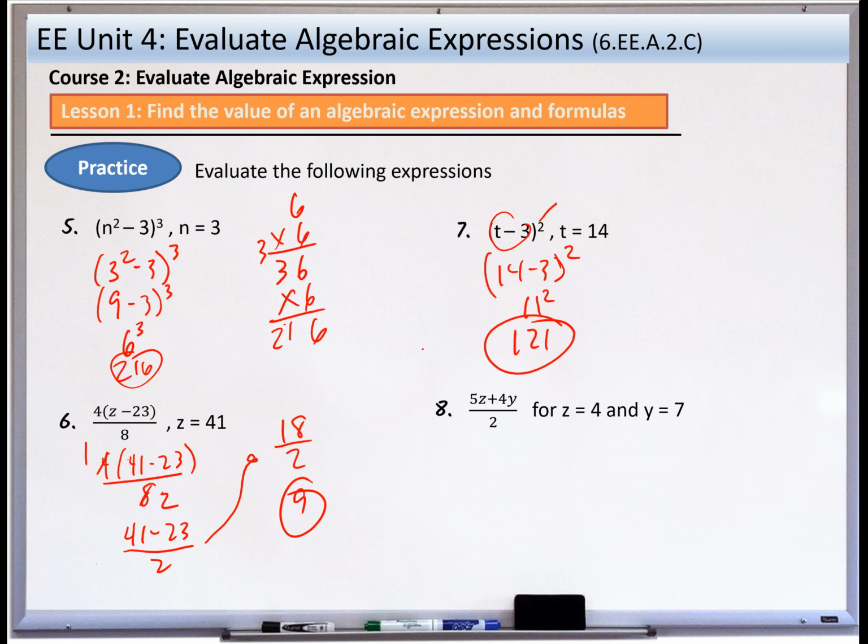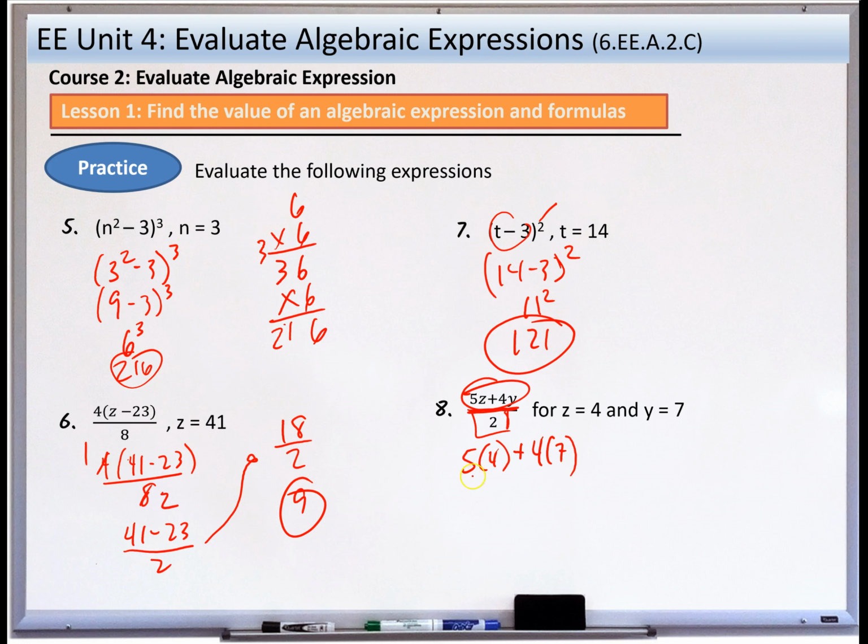All right, the next one looks complicated, but it's not. It's 5 times the number z plus 4 times the number y, divided by 2. So I have to do all this first, and when I get done, I'm going to divide it. So we said z is 4, so 5 times 4. We said y is 7, plus 4 times 7.